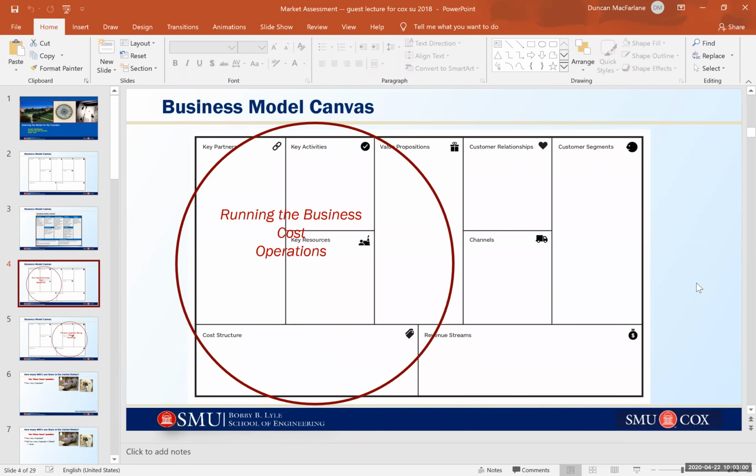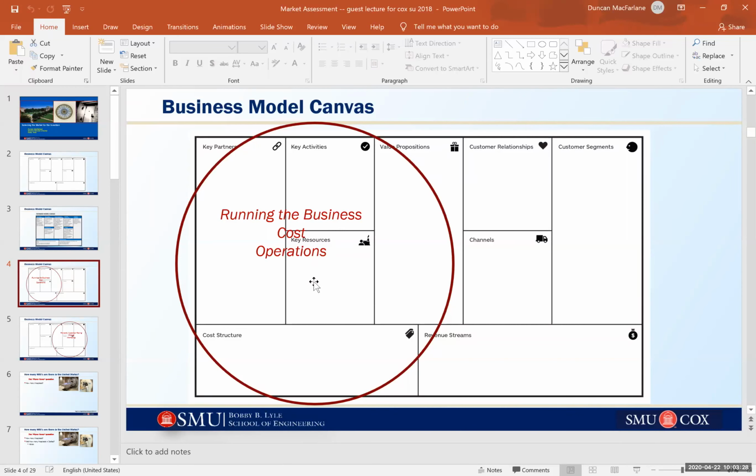Basically, the way I look at this chart, or this set of activities that is running a company, it falls into two sides. The left-hand side of the canvas is all the back office stuff, all the things you need to do to run the business. Who are your partners? Where are you getting your supplies for the product from? What are your key activities, manufacturing, sales, and so on?